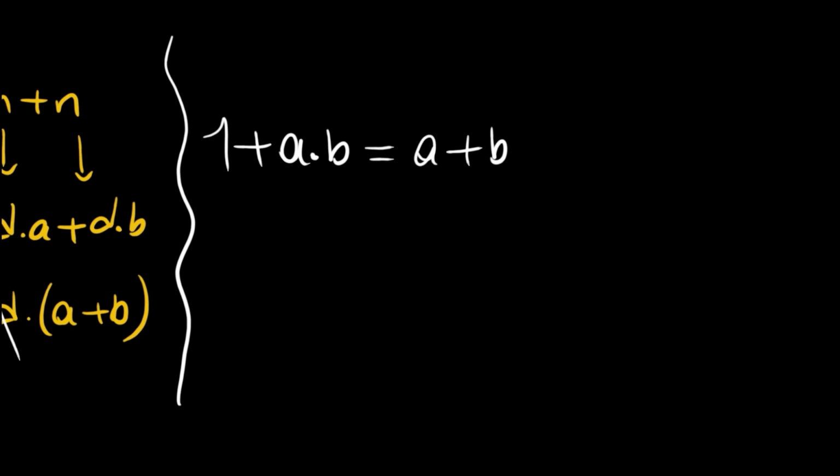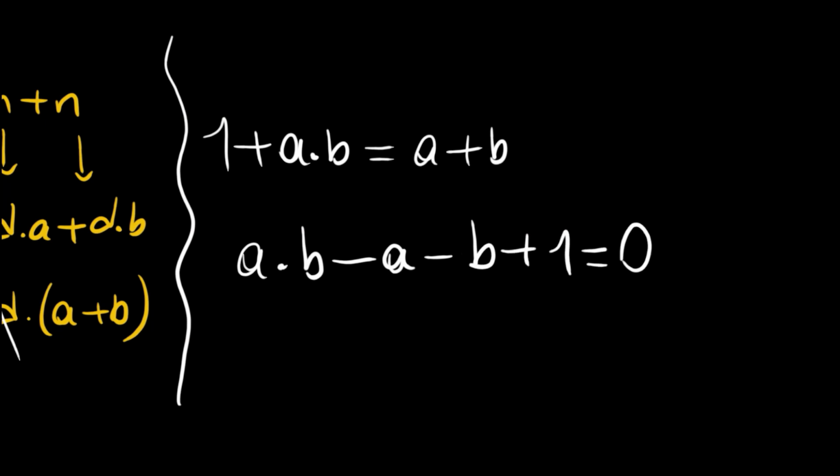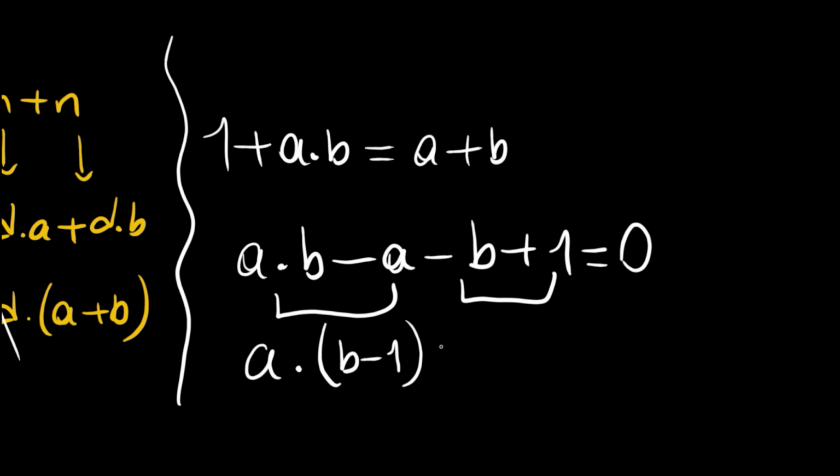This is a nice equation we have solved before. Let me have everything on the left-hand side. ab minus a minus b plus 1 is equal to 0. These two can be written a times (b minus 1), and these two with the negative sign are again minus (b minus 1). This is equal to 0.